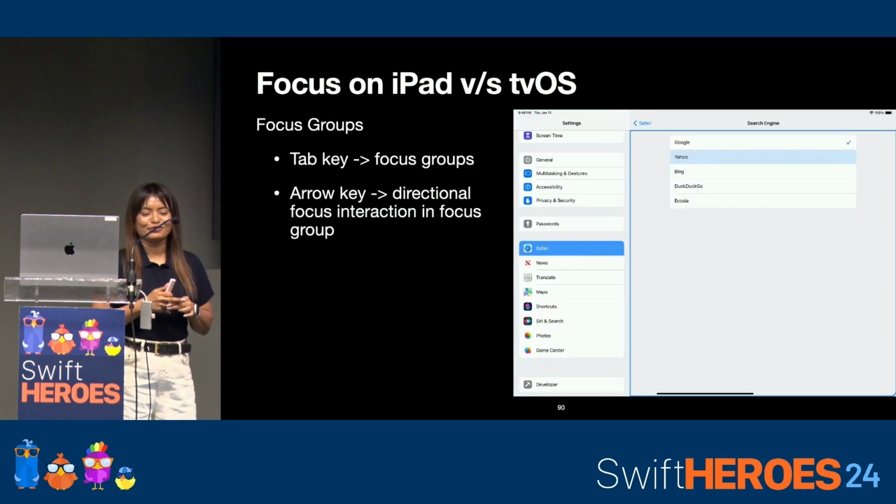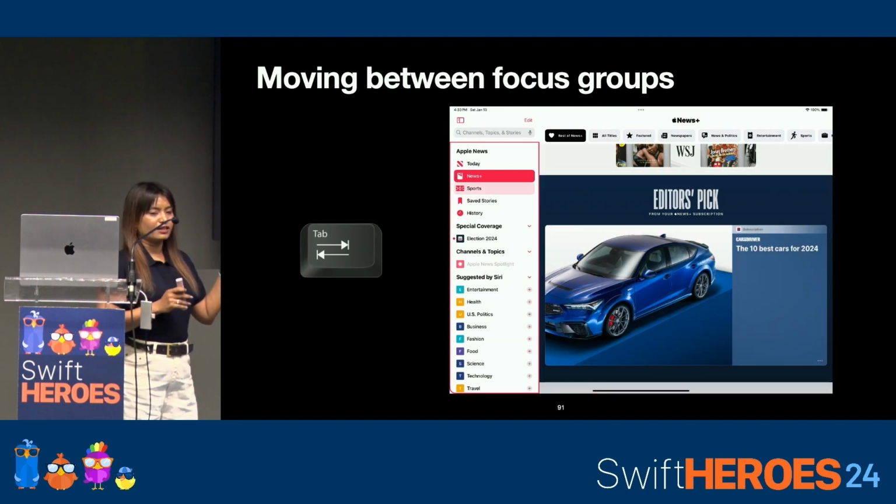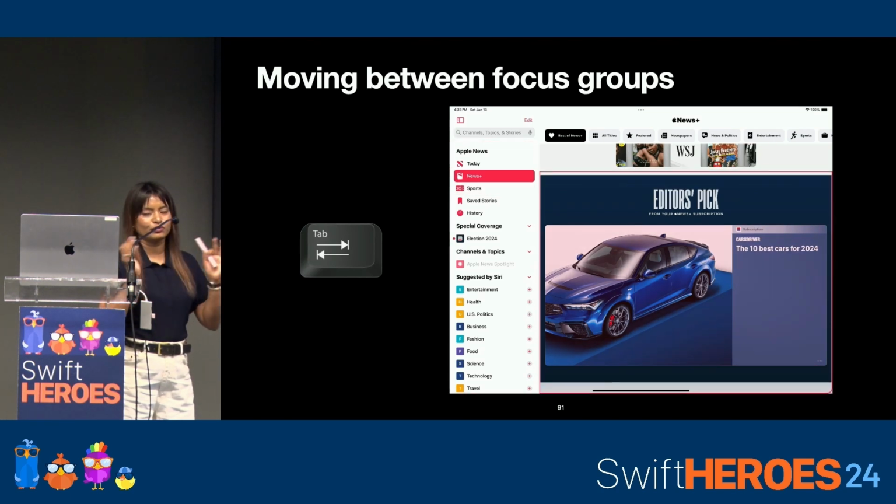On iPads, there is a key difference between how iPad Focus works and how Focus works on tvOS, because on iPads there is a special thing like a tab key. So when you use this tab key, right, this is the Apple News app by the way, how Focus moves is it moves between focus groups.